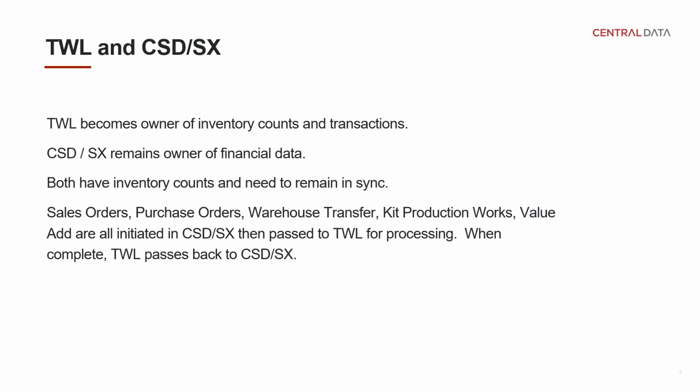So your GL is going to be written to from the SX CSD side. Your perpetual inventory or your subsidiary, basically quantity times cost, and that's your inventory value. That all remains in CSD and SX. So because of that, it's important to have your inventory remain in sync between the TWL counts and what SX says it has, so that your financials are accurate and reflect reality.